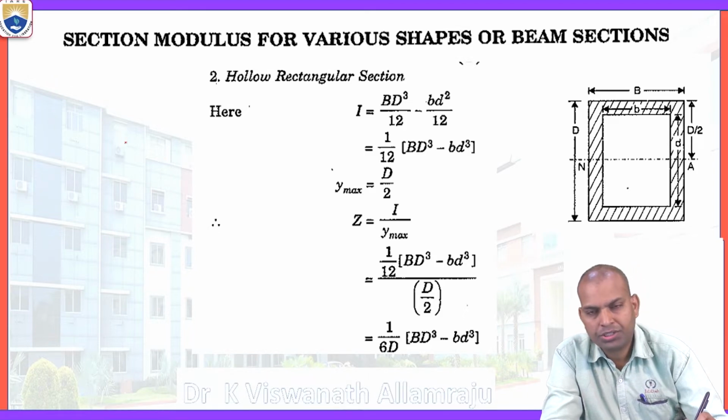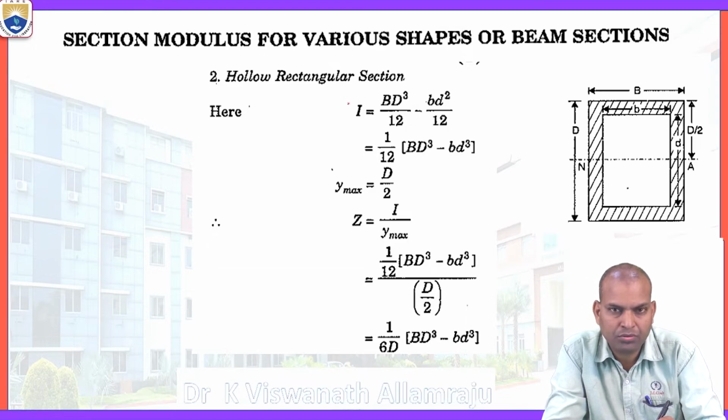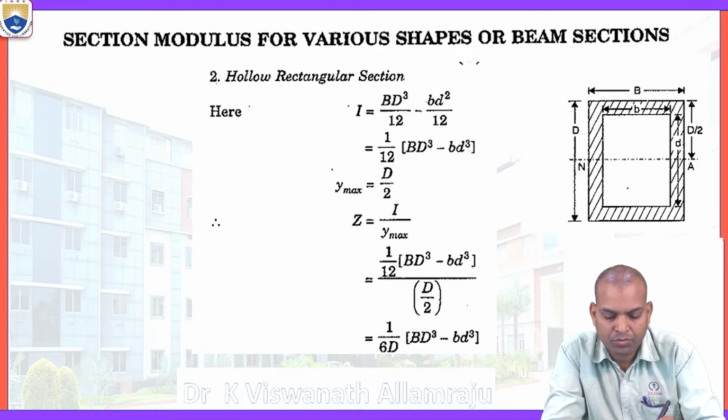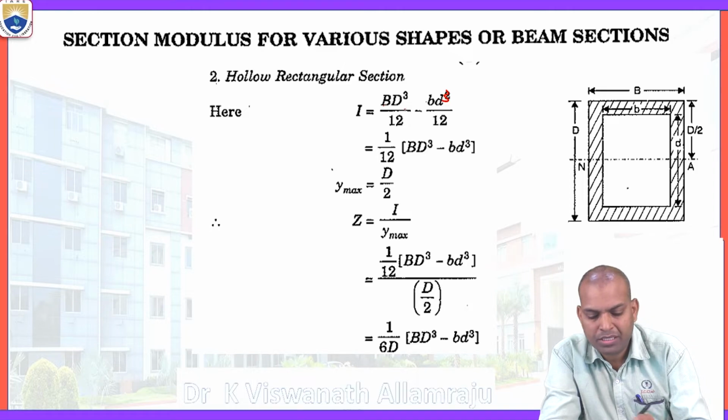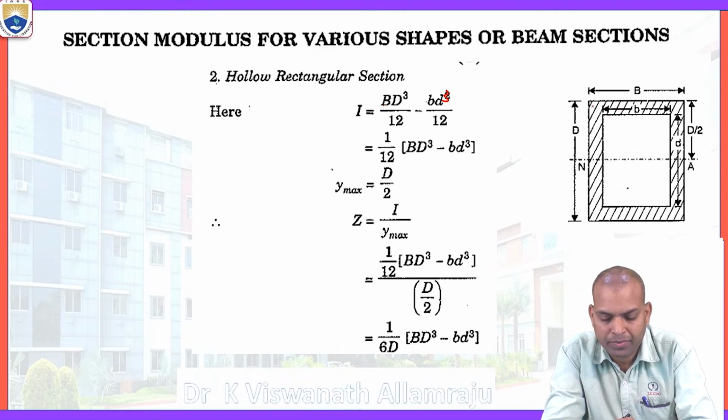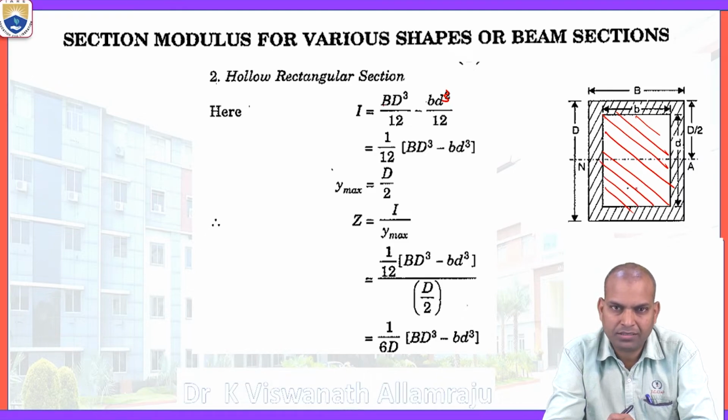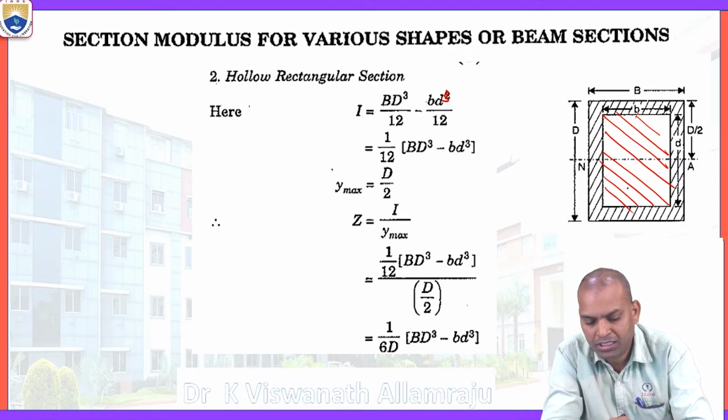For a hollow section, the area moment of inertia I equal to BD cube by 12 minus small bd cube by 12. To make it common, capital B indicates the outer, larger width of the beam, capital D the outer depth, small b the inner width, and small d the inner depth of the beam. We subtract because it is a hollow section.